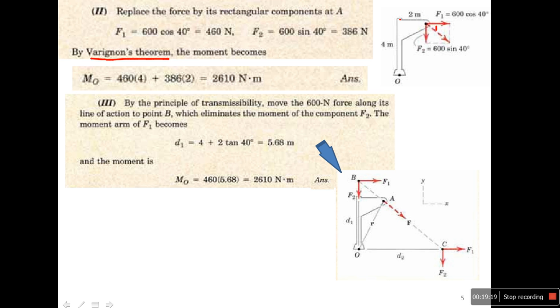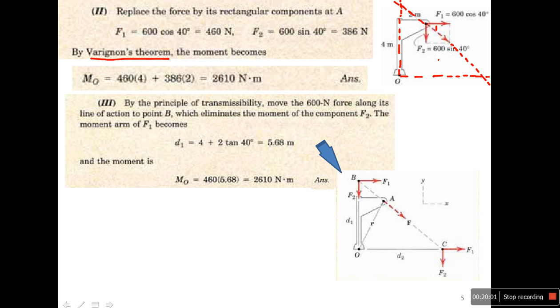How? Well, if I take the line of action of the force, this one is the line of action of the force. I draw a horizontal line like that, which will cut the line of action here, and a vertical line which will cut the line of action at this point.